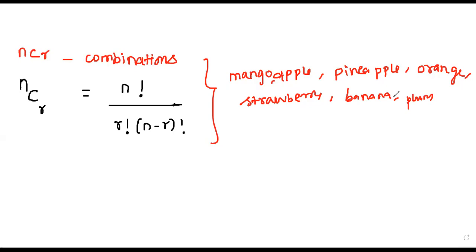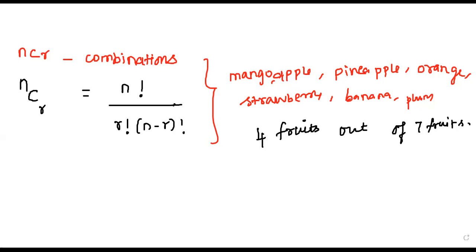So assume we are going to prepare a fruit custard dish. For that you're going to select 4 fruits out of these 7 fruits. Okay? 4 fruits out of the total number of fruits.